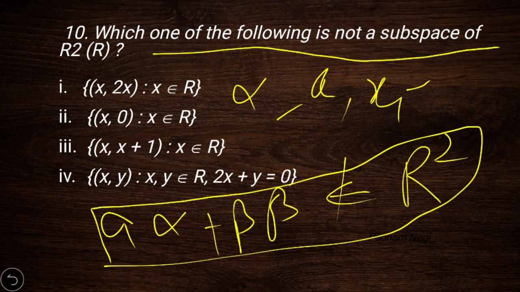It will give us which one of the following is not a subspace of R2R, and you can easily check that x comma x plus 1 is not a subspace of R2R.